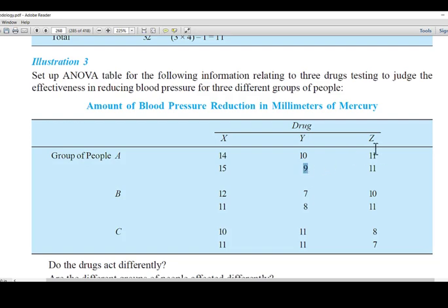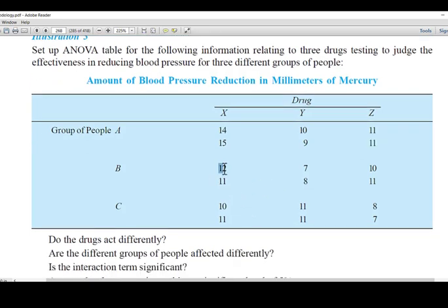Now when Z drug is used on the same group of people A, there is an 11 unit blood pressure reduction, and when it is repeated again on the same group, the reduction is 11 units. Similarly we can understand these values. When X, Y, Z are given to group B, these are the reductions in blood pressure units, and when those are repeated on the same group B, these are the reductions.